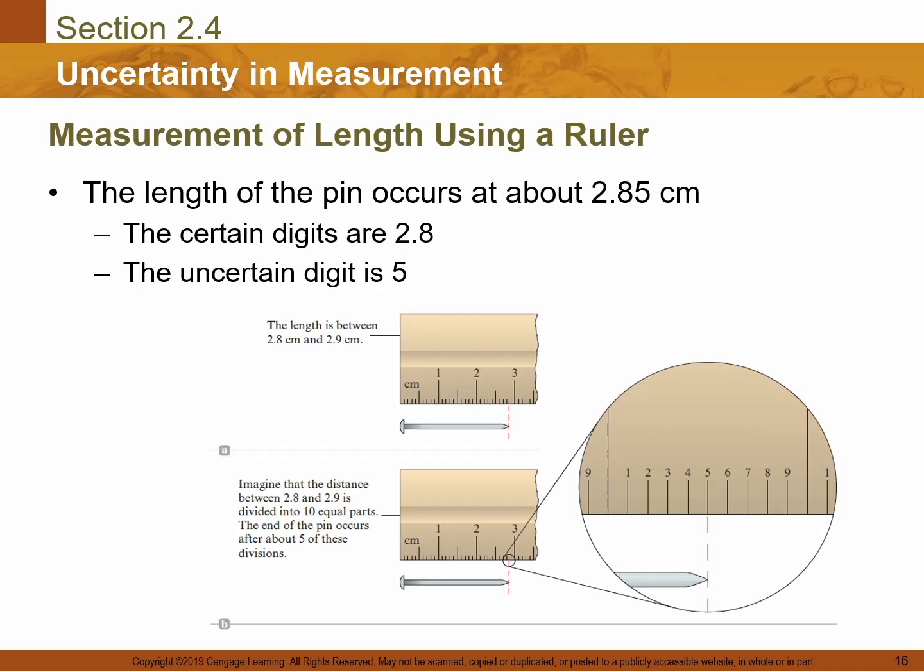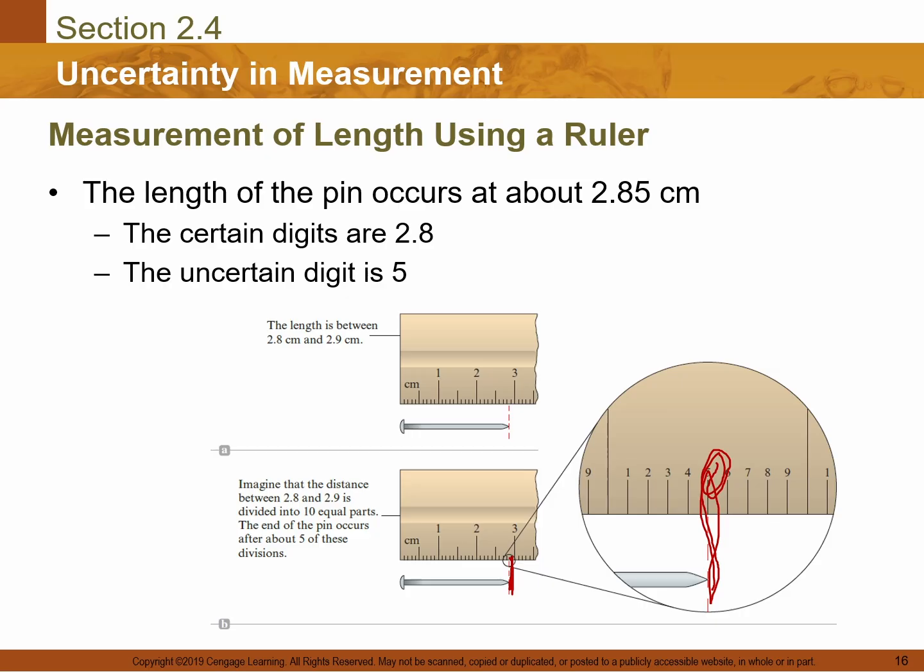In this great example here with the ruler, you can see why we have uncertainty. The actual measurement on the ruler reads to the tenth of a centimeter, right? So right here, we can see the 5 perfectly, right? But on a ruler like this, we cannot see the 5. It is not measuring that place. The pin is about 2.85 centimeters long.